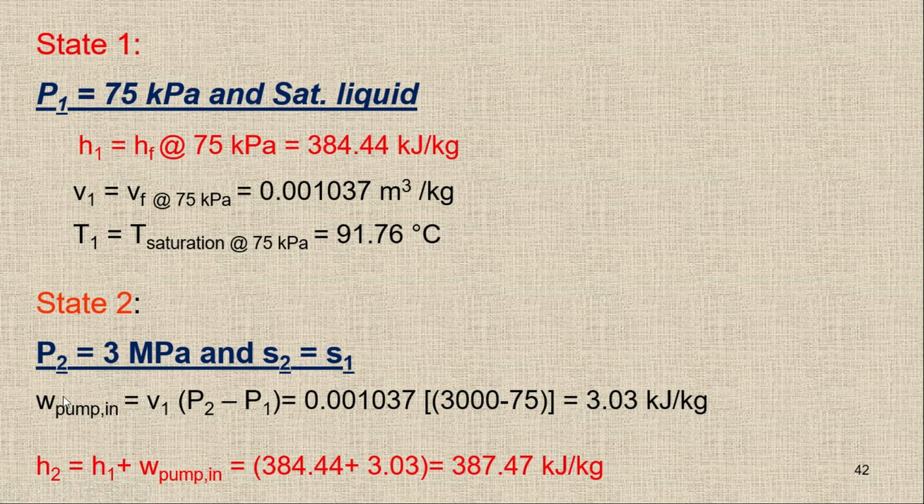Now this pump work input is also equal to H2 minus H1 in terms of enthalpy. So I can find the value of H2, which will be equal to H1 plus the work input. So we will get around 387.47. So this is the value of H2.